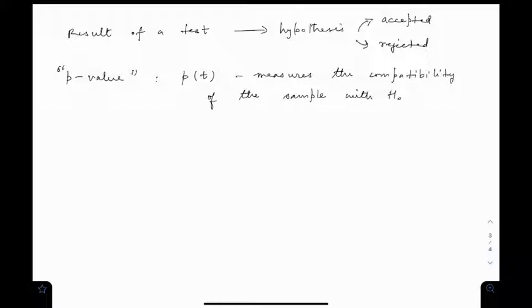A small value of p casts doubt on the validity of H0.